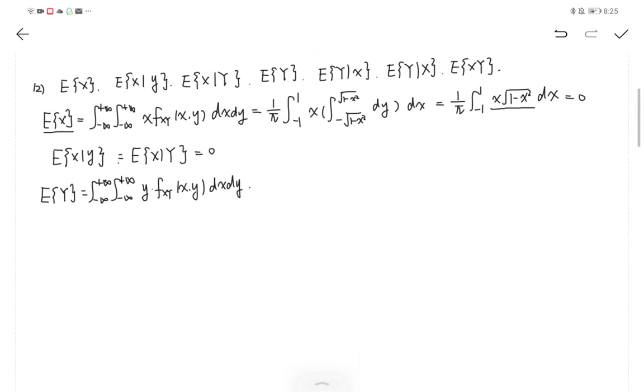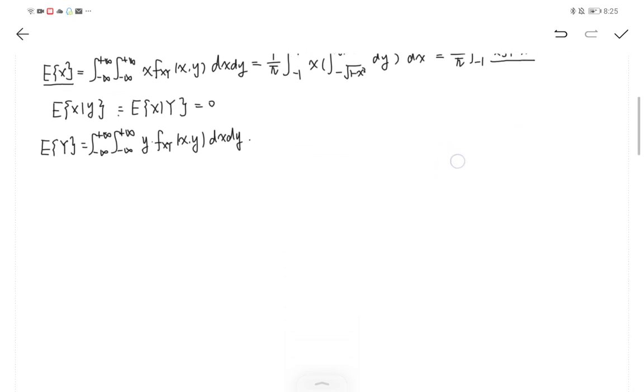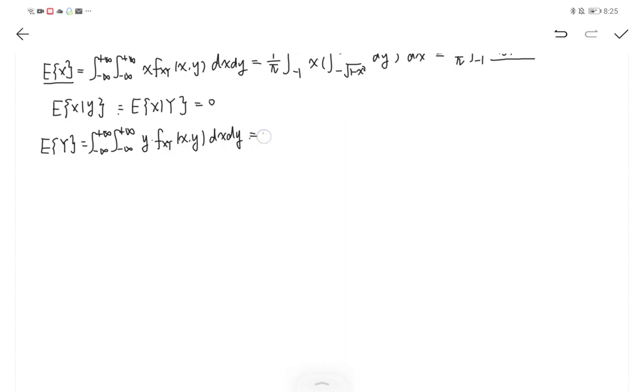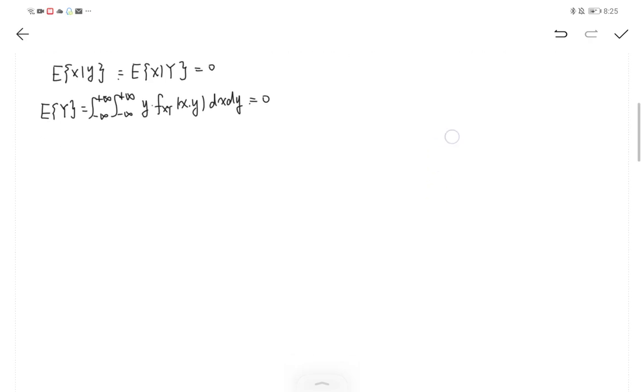So we can get the expectation of y equals 0 too. So because the expectation of y equals 0, these two expectations should be 0.